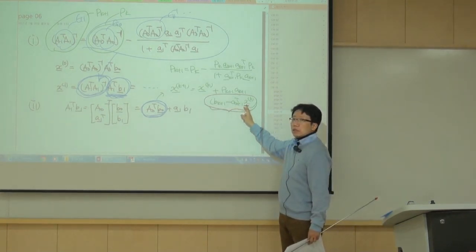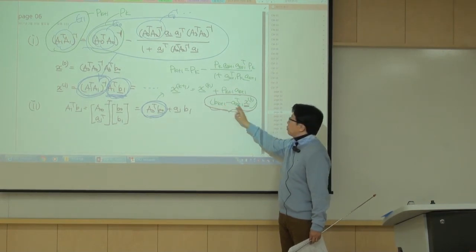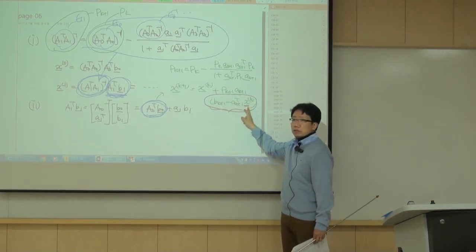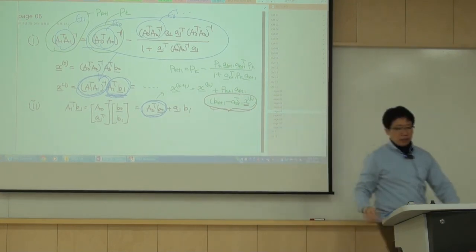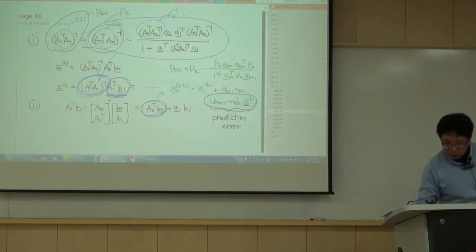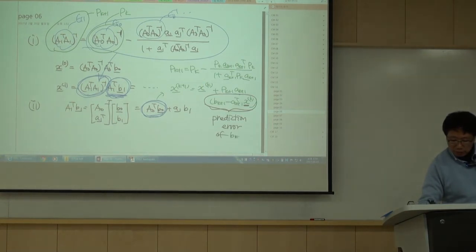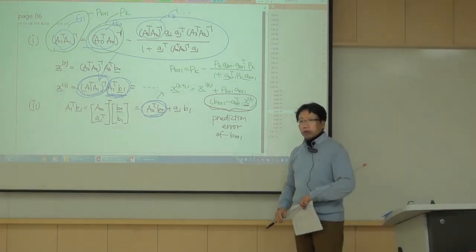This is the prediction of bk plus 1 based on the previous observations. Am I right? So this is what? This is the prediction error. This corresponds to the prediction error of bk plus 1. Actually, it should be yk plus 1, but we said b, so no problem.